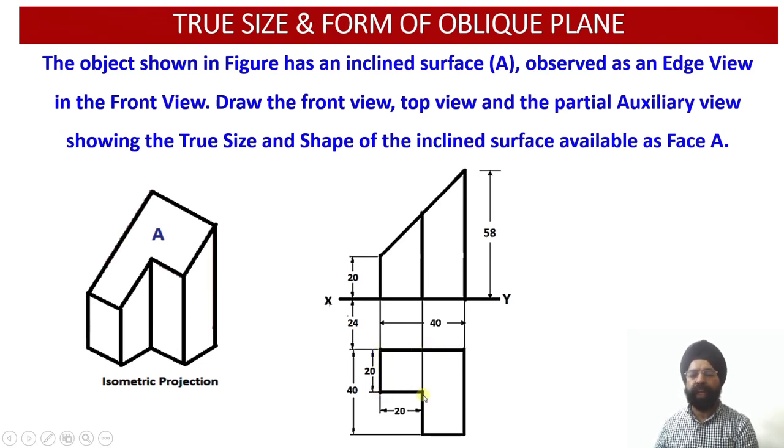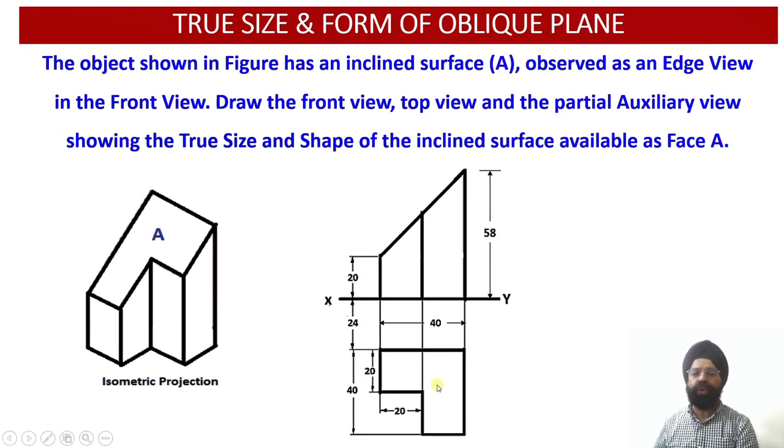The reason for obtaining the reduced view is that this section surface is inclined to the horizontal plane. Due to this inclination, we are not able to obtain the true shape of the section surface onto the horizontal plane.